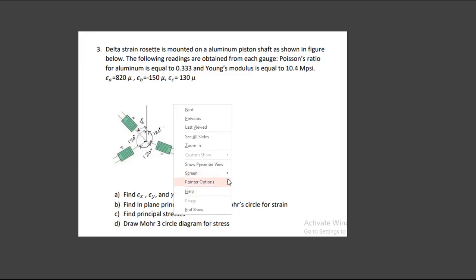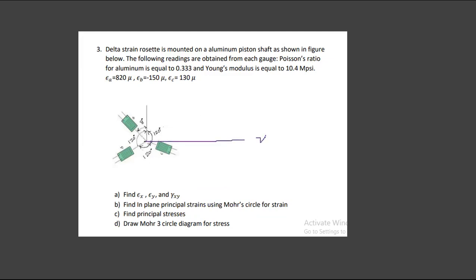So if we draw the xy axes, this is, let's say, the horizontal positive x-axis, and this is 90.